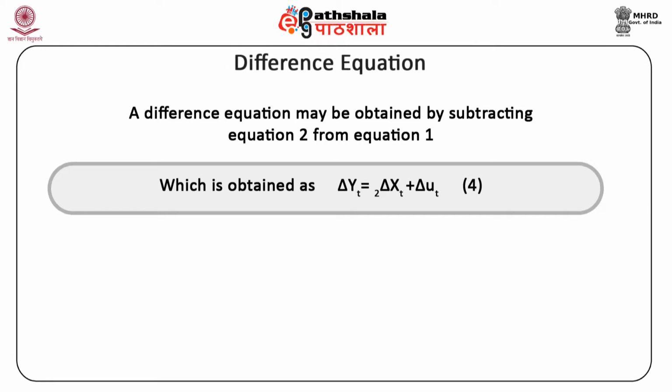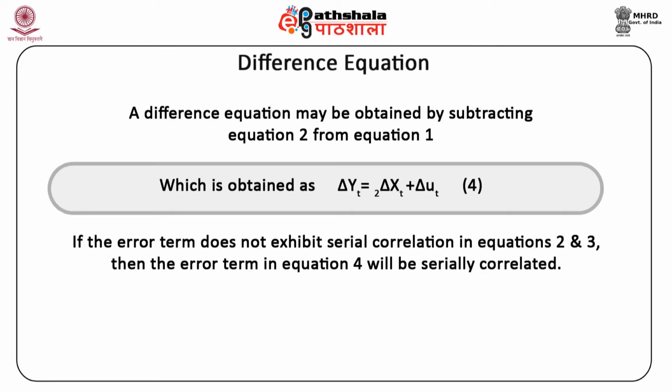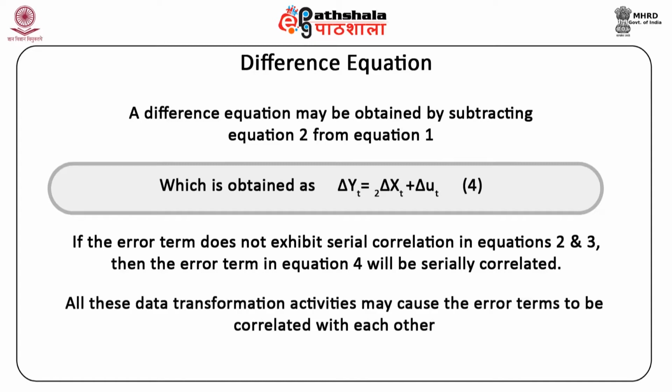It can be shown that if the error term does not exhibit serial correlation in equations 2 and 3, then the error term in equation 4 will be serially correlated. All these data transformation activities may cause the error terms to be correlated with each other.